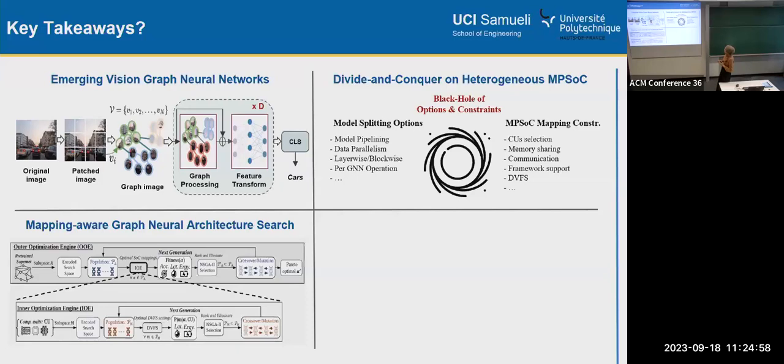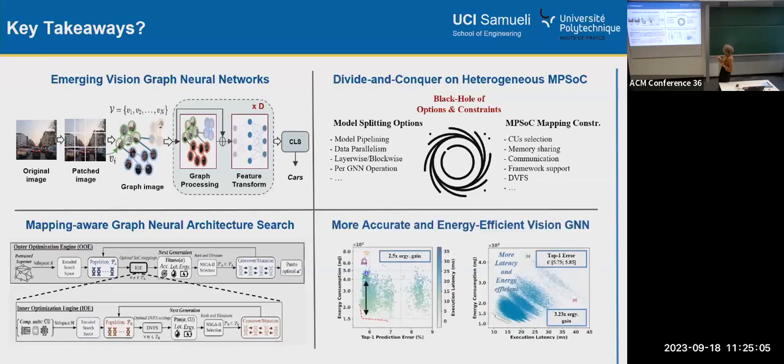We propose Magnus, which is a two-stage framework for co-optimizing GNNs and their mappings on MPSoCs. According to our results, we can have more gains in accuracy and energy consumption by being aware of this interplay between GNN architectures and the mappings.